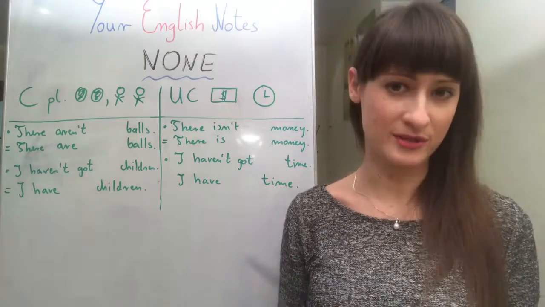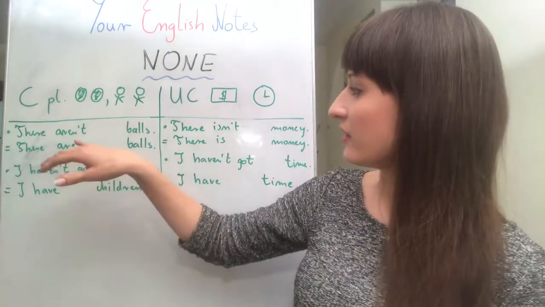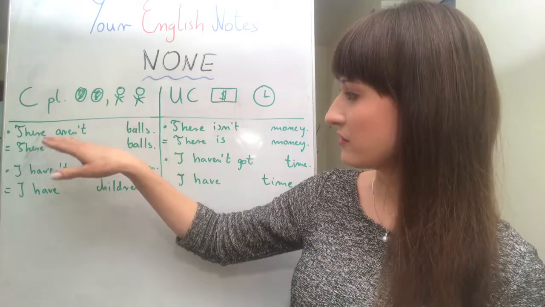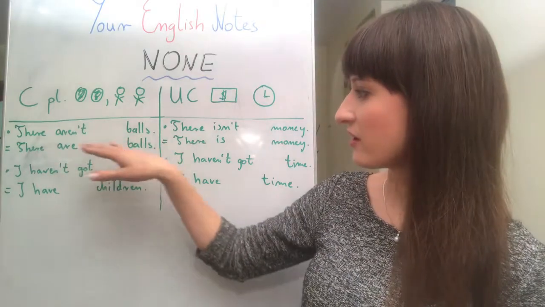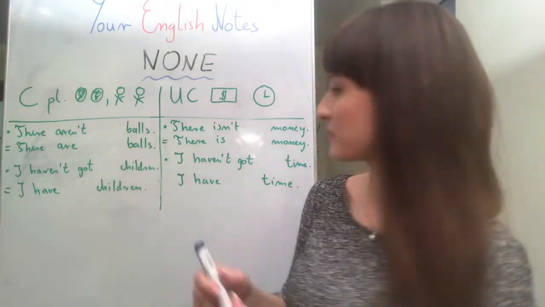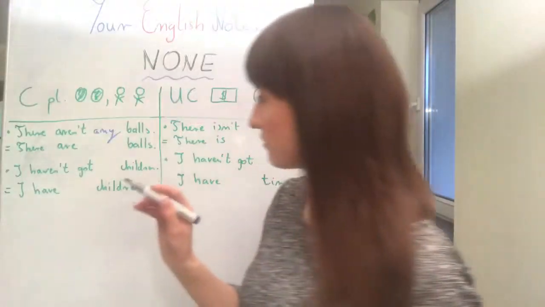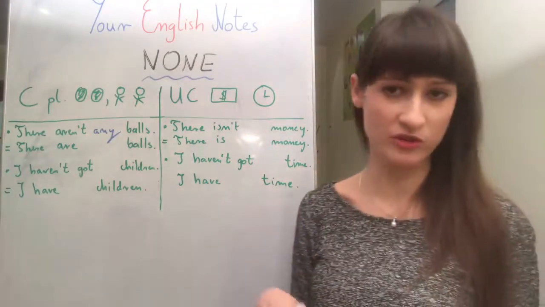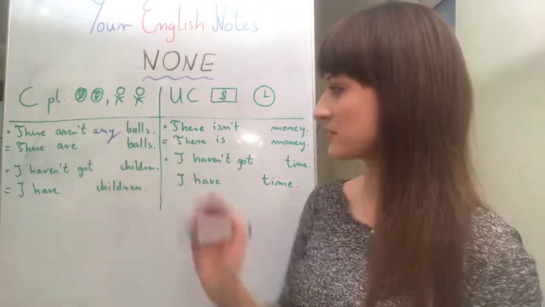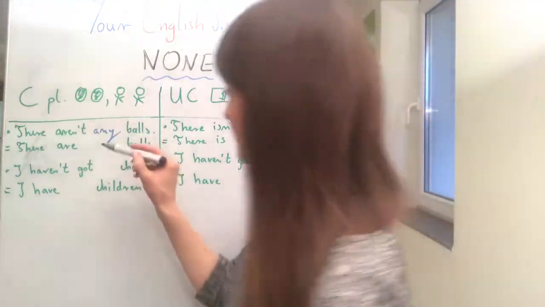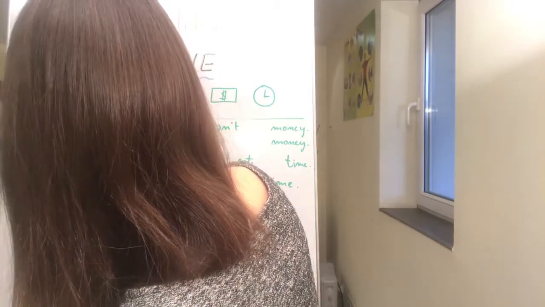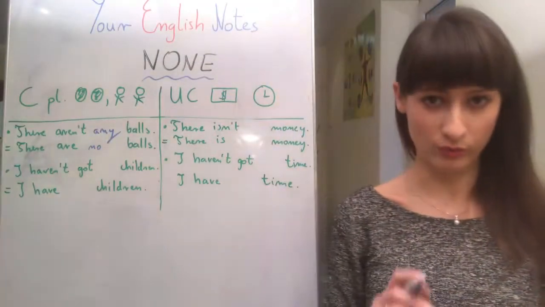I put some sentences here. We can say there aren't, and here we will say any. There aren't any balls, and I told you last time that we can express exactly the same sentence with the use of no. So we can say there aren't any balls or there are no balls.